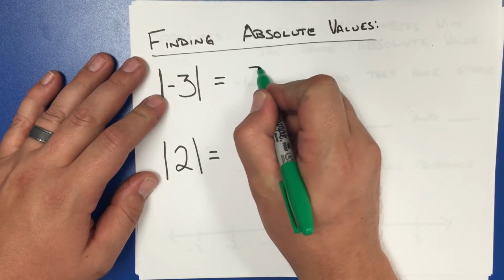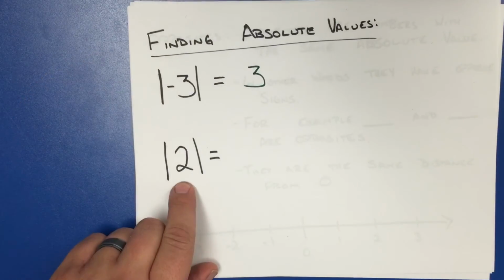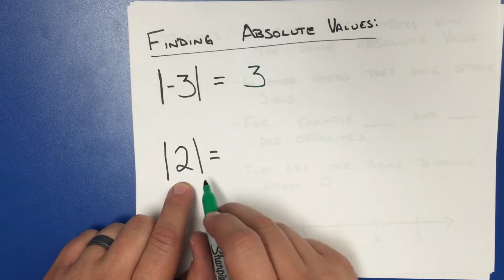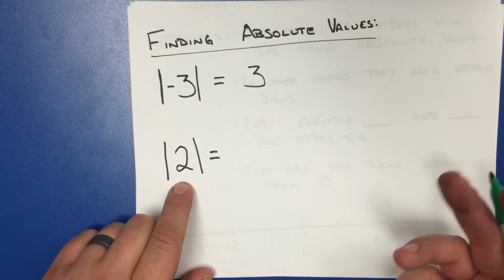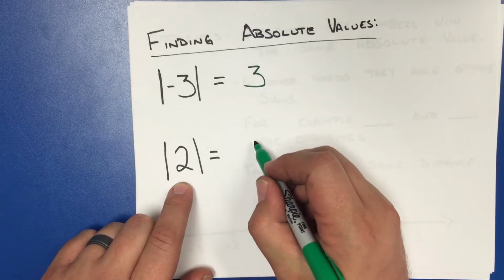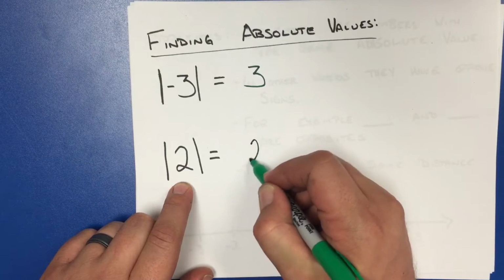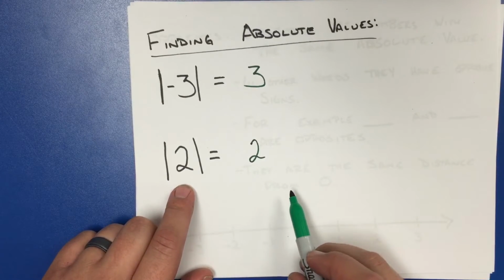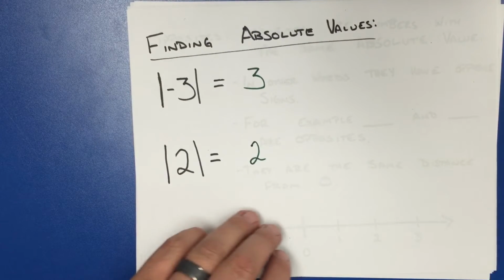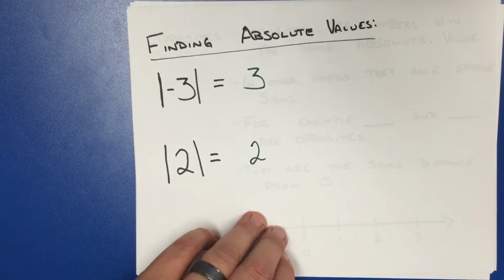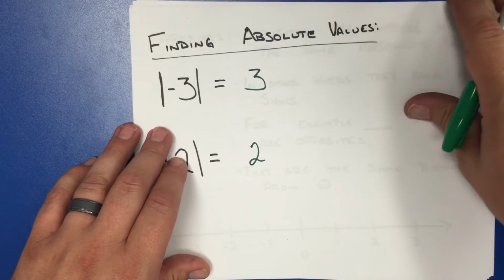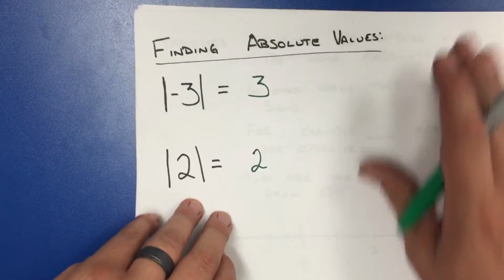My answer is positive 3. And what about 2? Again, it's 2 jumps from 0 to 2. I don't care which direction it is. It happens to be in the positive direction, but the absolute value is also positive. So my absolute values are always positive. Please remember that and don't make a simple mistake like that.